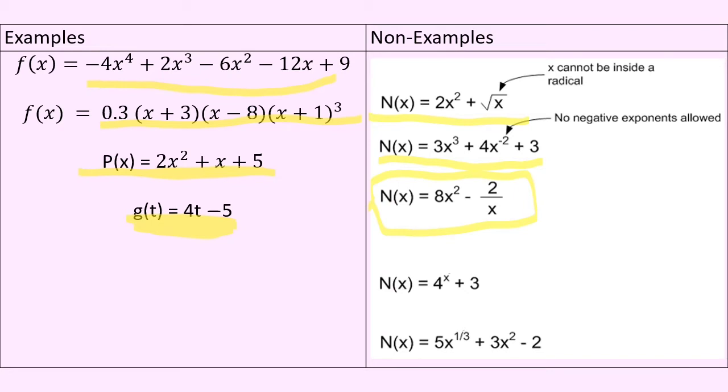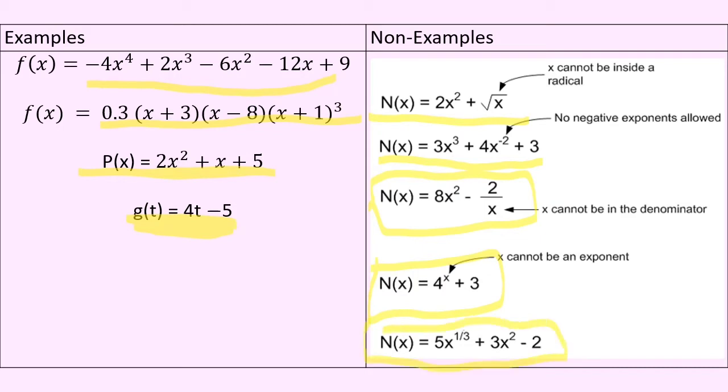You could express that as x to the minus 1. So there are no x's in the denominator. Can you spot why this is a non-example? Why this is not a polynomial? It's because x cannot be in the exponent. And last but not least, we talked about fractions before. This is not a polynomial because the exponent cannot be a fraction.